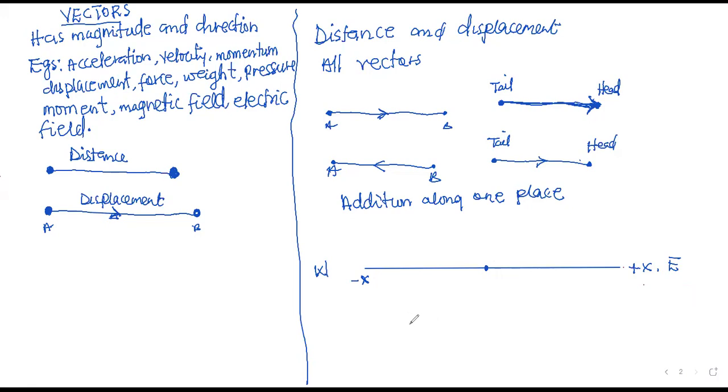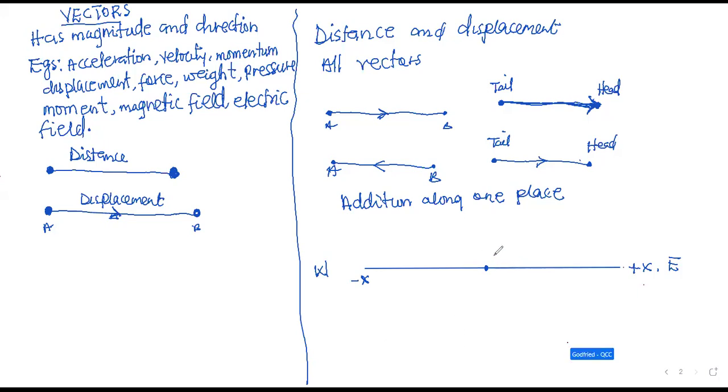So if an object is moving along one plane, either it is moving along the x-axis or the y-axis, or it is moving along east-west or west-east or north-south. Any movement along one of the axes, whether x or y, is what we describe as movement along one plane.